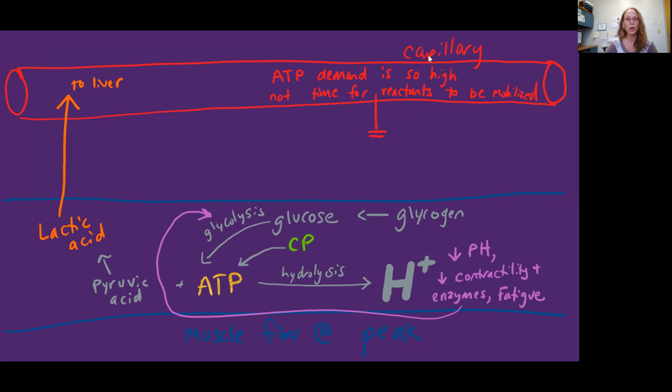When your pH lowers, then you're going to see muscle fatigue. So you're decreasing the contractility of the muscle. It's harder for the myosin head to bind to the active site on actin. Also, you've reduced your activity of your glycolytic enzyme, so you've slowed down glycolysis. So you're slowing down your cross-bridge formation, you're slowing down your glycolysis, and this is going to contribute to muscle fatigue.